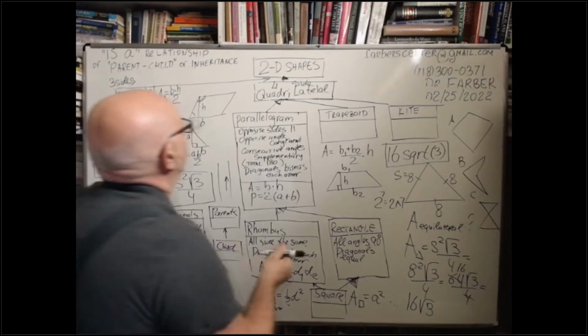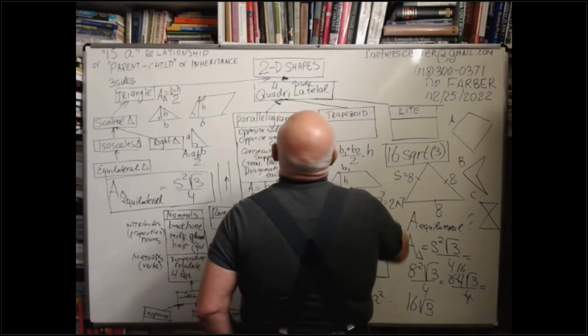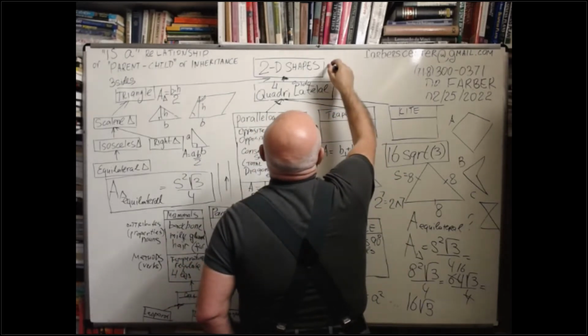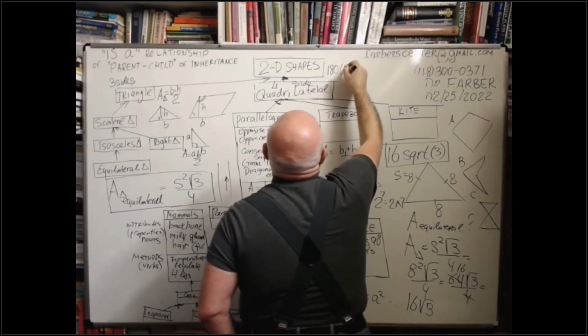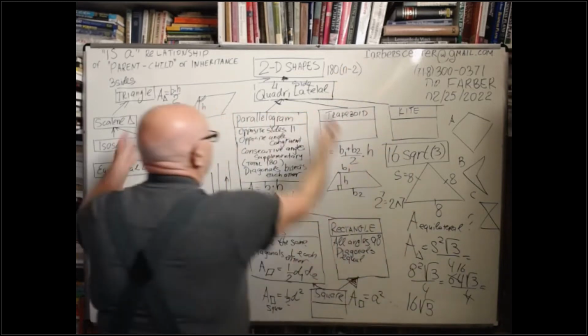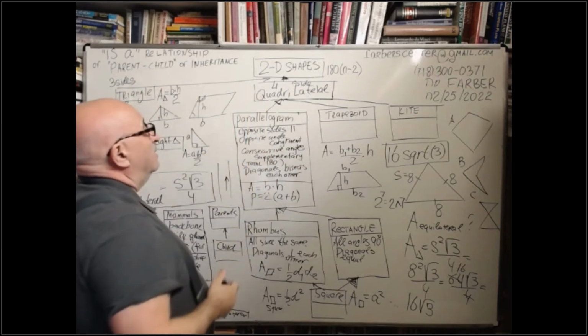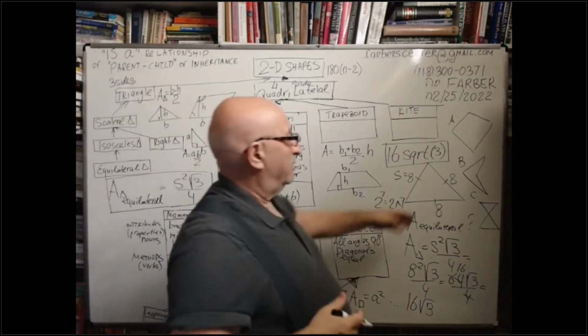If you use a 2D shape formula, for instance, the total sum of interior angles of any polygon is 180 times n minus 2. And since all classes inherit from this, this formula is automatically applicable for any polygon, even these polygons.